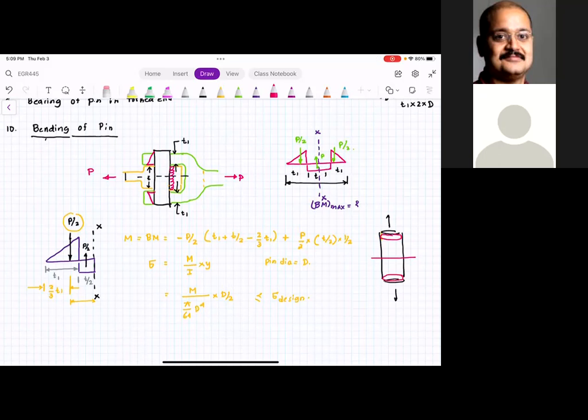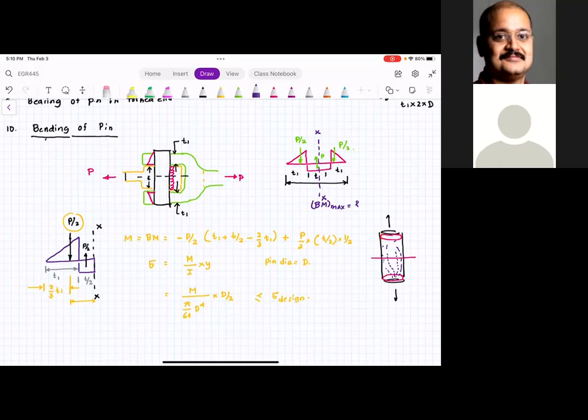Because what happens is the stress lines, they kind of go like this. And this is called Saint-Venant's principle. So in mechanics of material calculations, we are just looking at the average stresses, and we are not considering the stresses under the direct action of load.